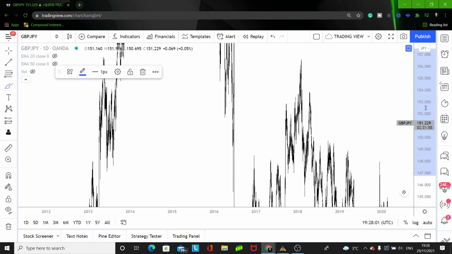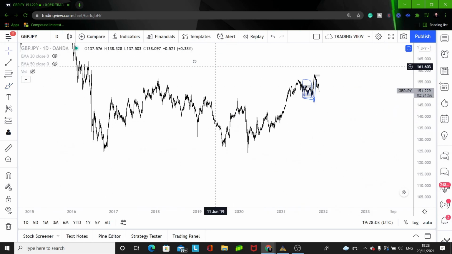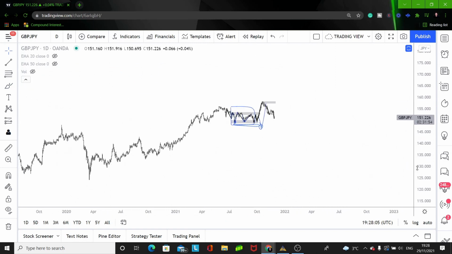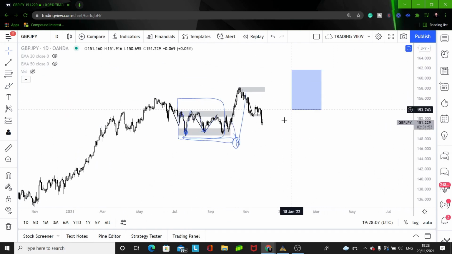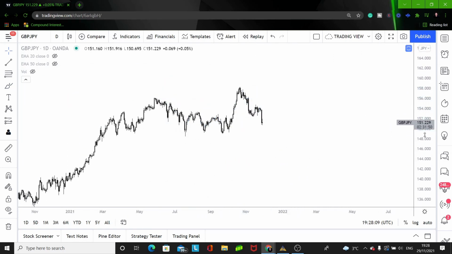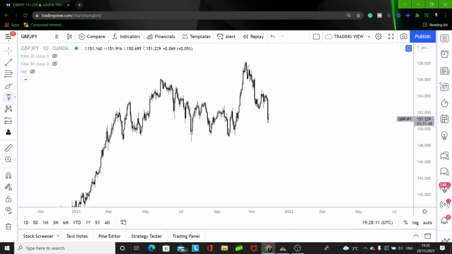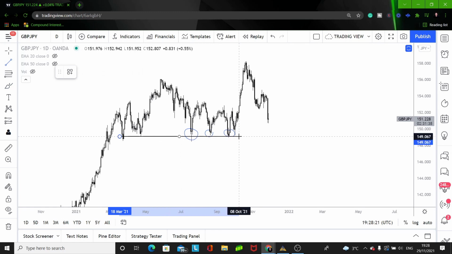Maybe if we were to move out to the daily time frame, we can see that area, let's just delete some of that. These little areas here, just this little pin bar, this little area. Obviously we understand that there's Wyckoff accumulation all the way through there, building out liquidity to then run price and take price higher.